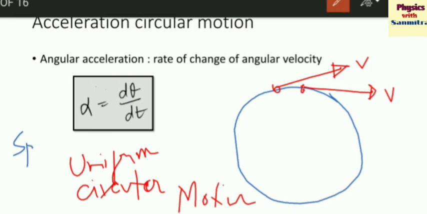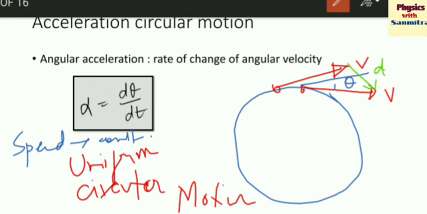Speed will be constant. If speed is constant, then this v is constant in magnitude, but its direction is changing. With respect to this, it is making an angle theta. So what is making its direction change? There should be something. This is theta, this is v.